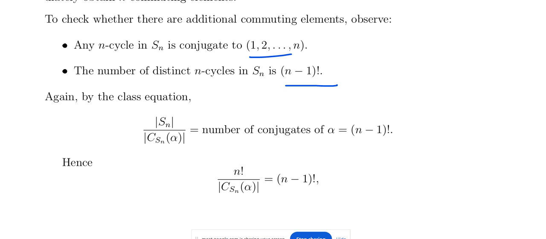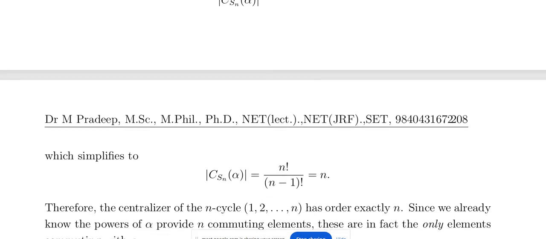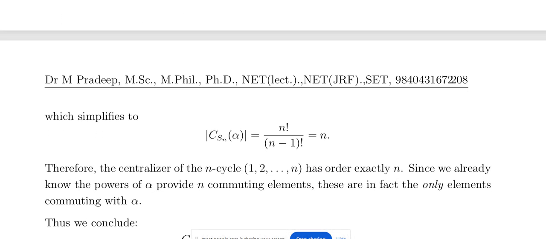So n factorial divided by something equals (n minus 1) factorial. From this, C_Sn of alpha equals n factorial divided by (n minus 1) factorial, which equals n. See, n has come. The number of n-cycles in Sn is n, which we already saw earlier as a result. That is the idea. The centralizer of an n-cycle has order exactly n, since we already know the powers of alpha provide the n commuting elements.